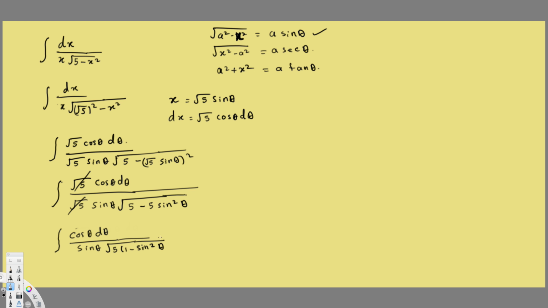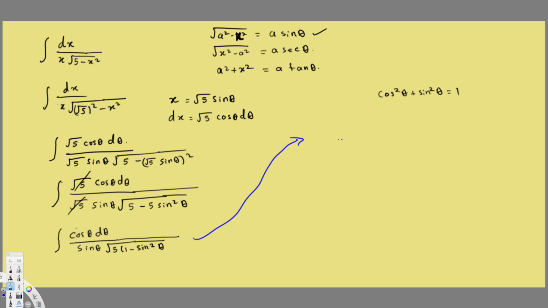And this reminds me that whenever we have cos square theta plus sine square theta equal to 1, we can replace this with cos square theta, so that will enable us to eliminate the square root, right? So let's continue.